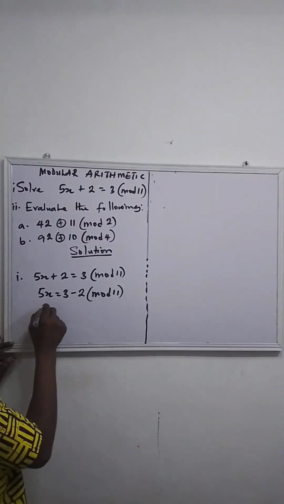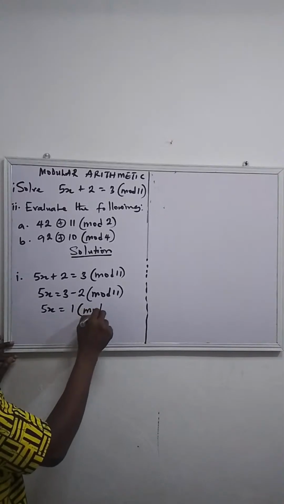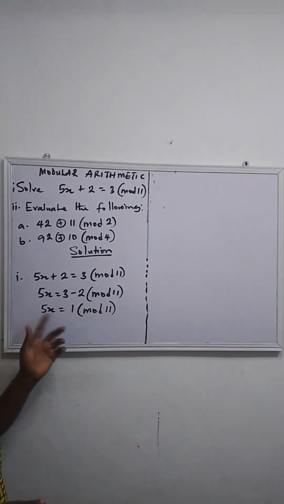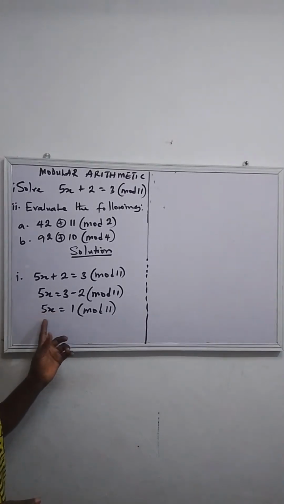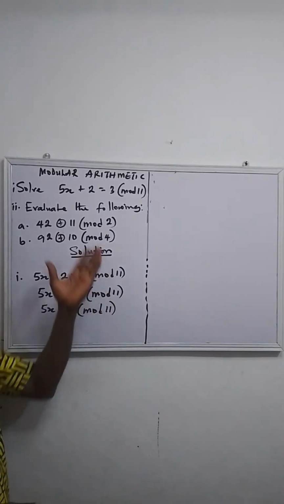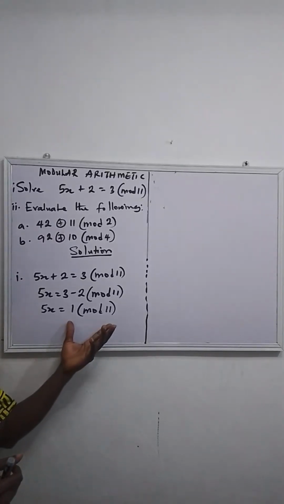Okay, so we have 5x equals 1 in mod 11. Now what I'm supposed to do here is divide both sides by 5. But if I do that, I'm going to have a fraction, which is not allowed under modular arithmetic, because modular arithmetic is an arithmetic for what? Integers. So we want our result to be integers and not decimals.